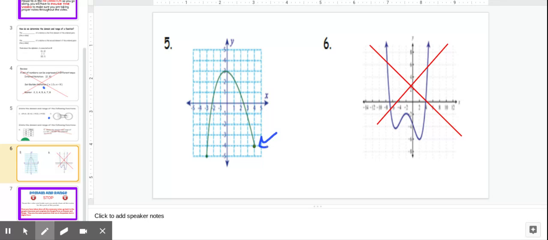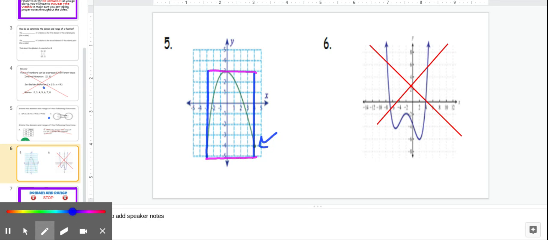The best way to do this is to take our pen. I'm using 2 different colors, and I'm going to make a rectangle. A rectangle has equal sides. And then I'm going to make another color up here so I can see what my domain and range are. So my domain is the blue.